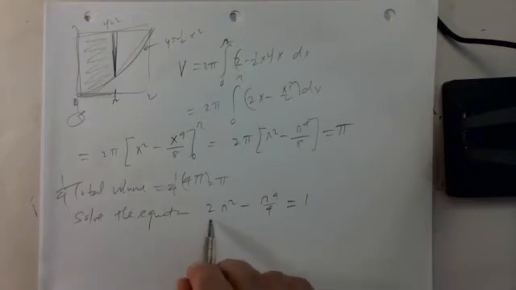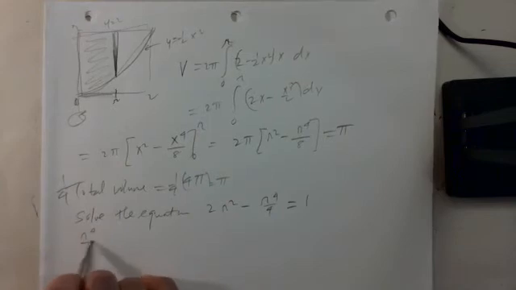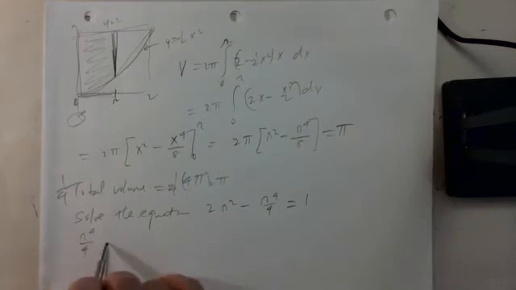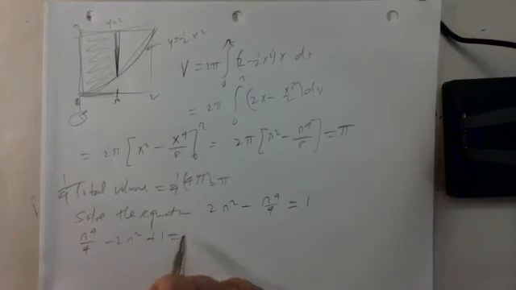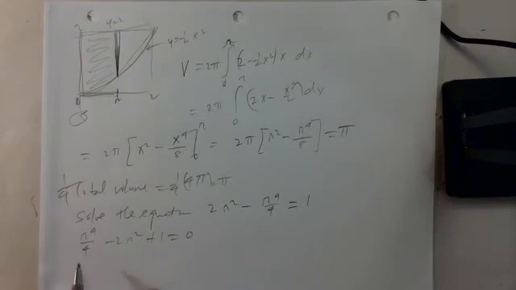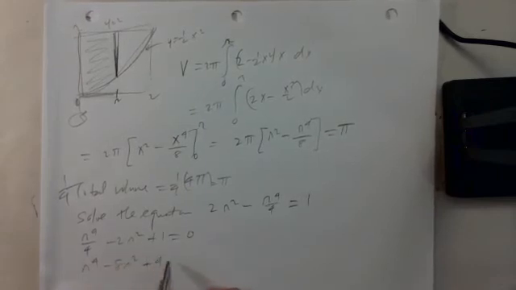Now I need to solve this equation. Let me rewrite this slightly. This is r to the 4th over 4 minus 2r squared plus 1 equals 0. Or if I multiply by 4, r to the 4th minus 8r squared plus 4 equals 0.